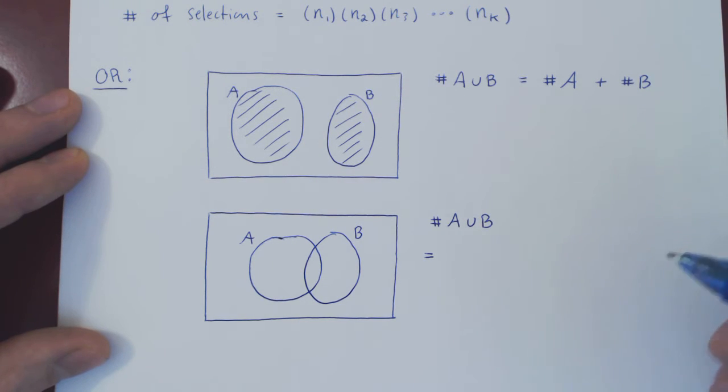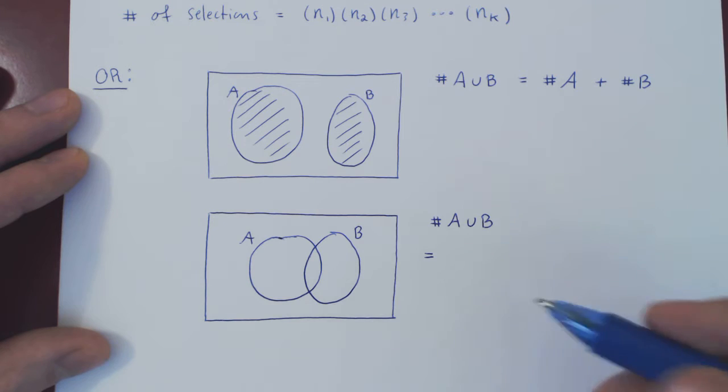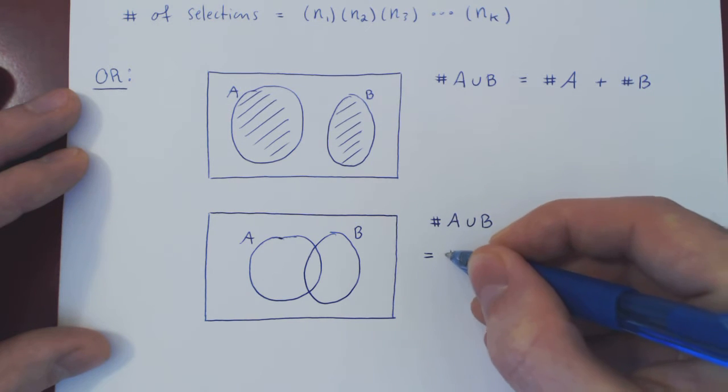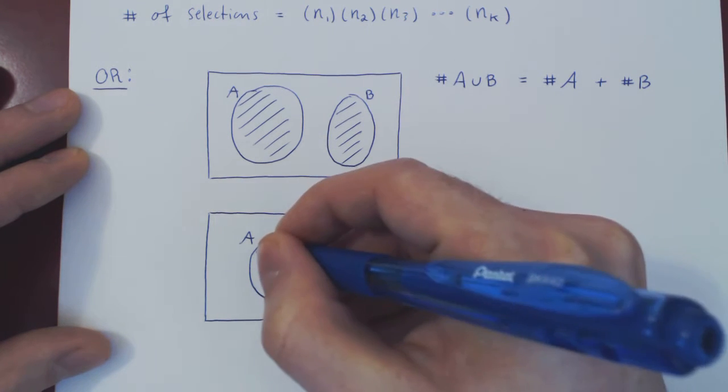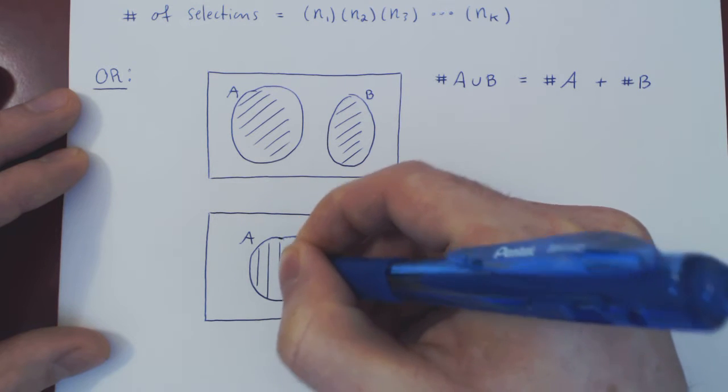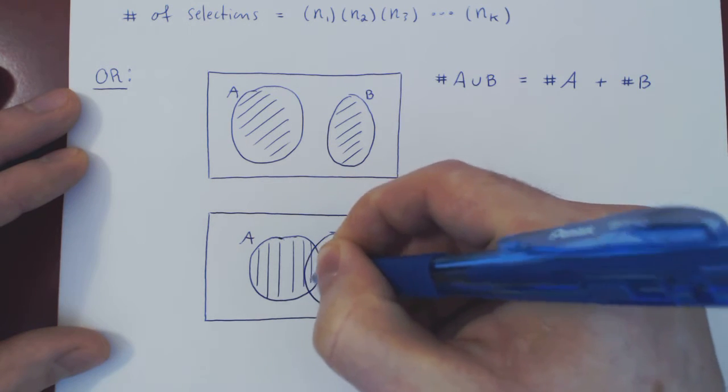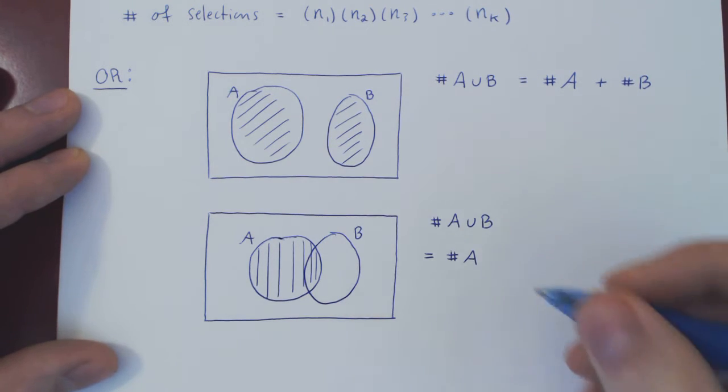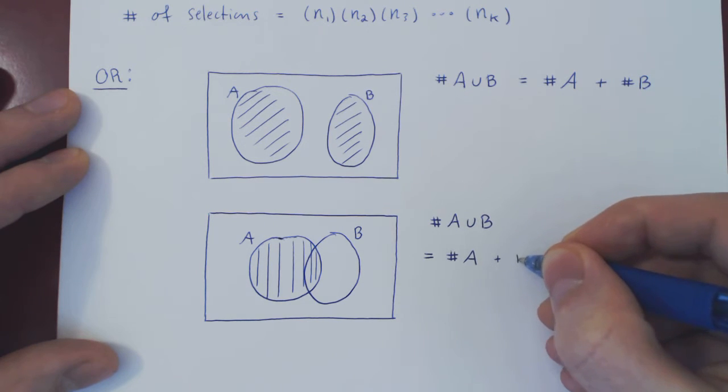Well, if you think of it, again with the Venn diagram, first let's add all the elements coming from A. Then let's add all the elements coming from B.